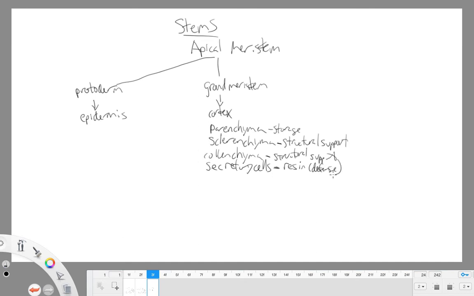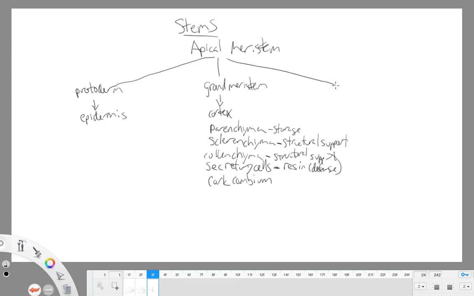Right, and that's our ground meristem. Oh, and in our cortex, we're also going to form from this in our woody plants a cork cambium. And that is going to produce new cork tissue, which is the outer layer of our bark. So I'll show that in a cross section as well.